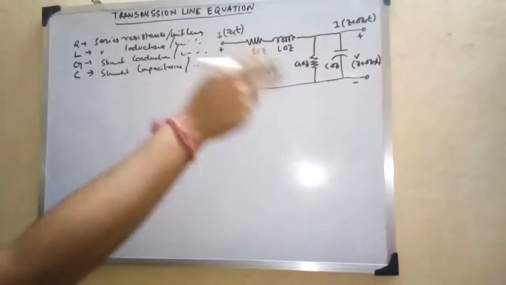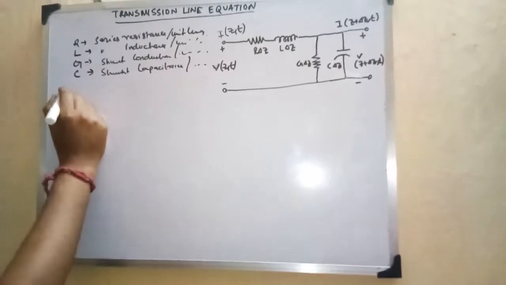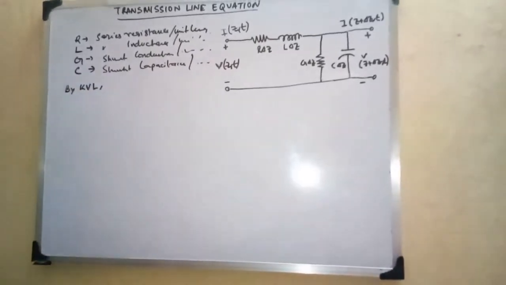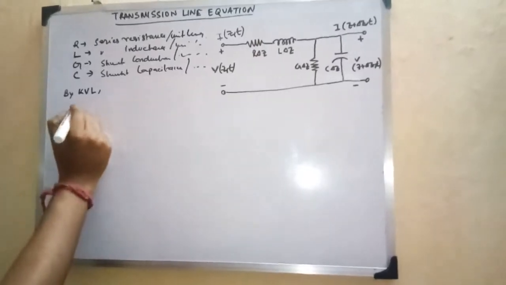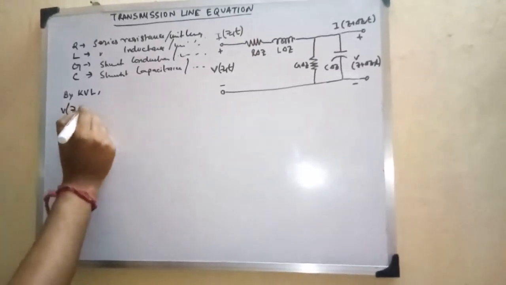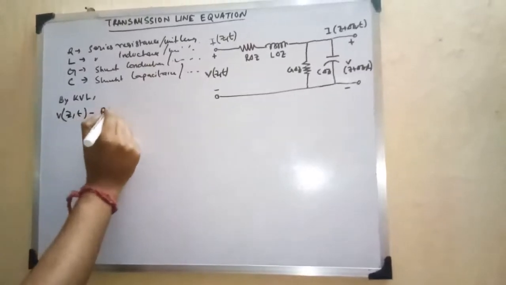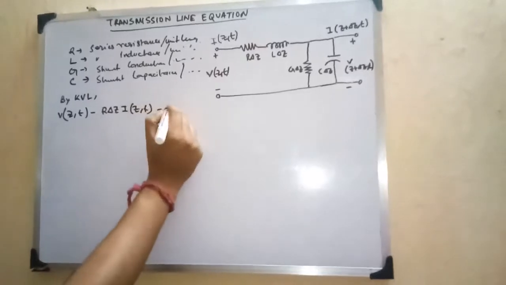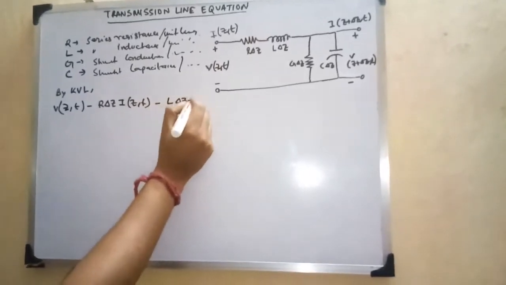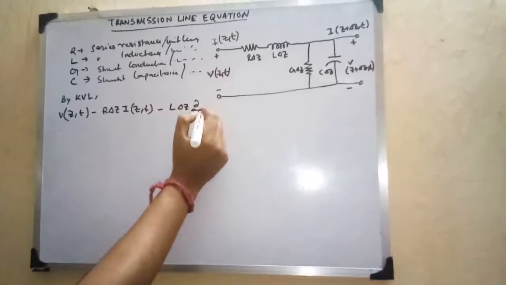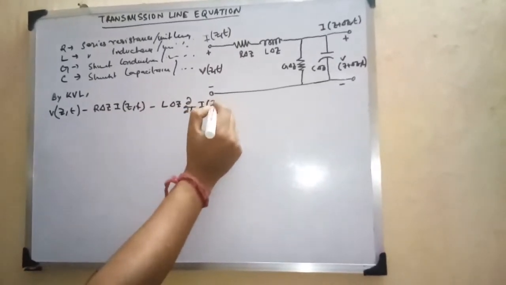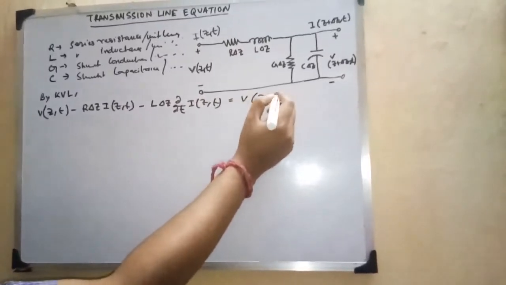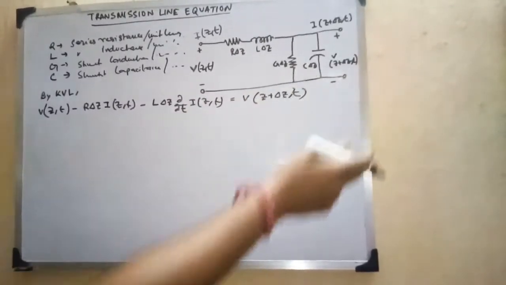Within this circuit, by KVL we arrive at this expression: V(z,t) minus R del z I(z,t) minus L del z del/del t of I(z,t) equals V(z plus del z, t) at the output section, right?